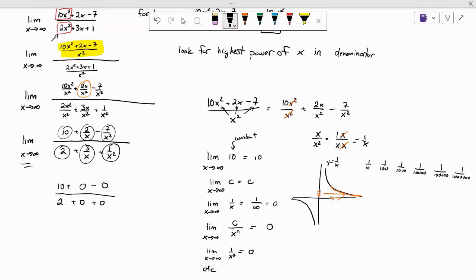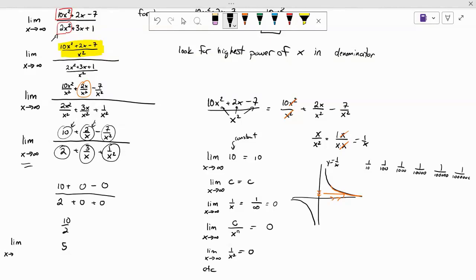Right. So you see that by dividing by the highest power of x, we either ended up with constants or a constant divided by some power of x. So now it's easy to evaluate the limit as x goes to infinity. And so we're just left with 10 divided by 2. So the answer is 5.